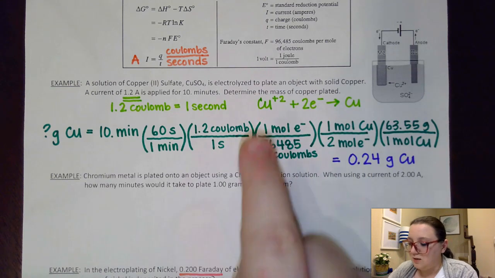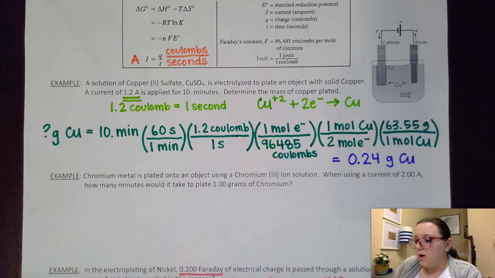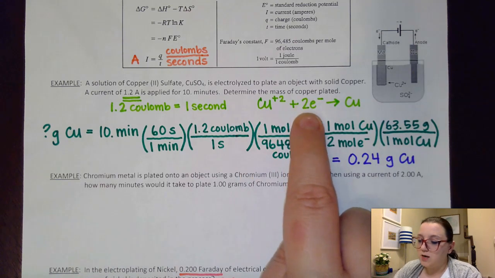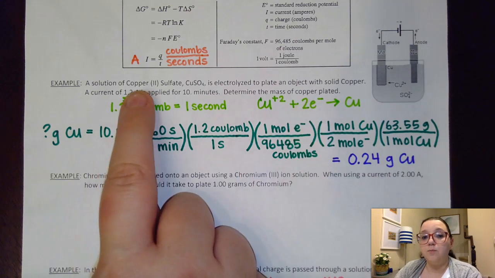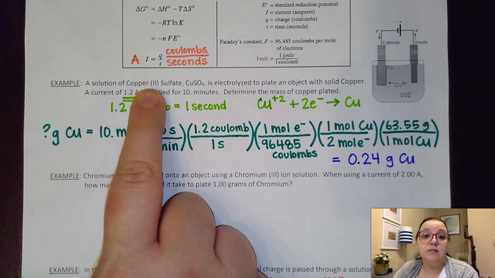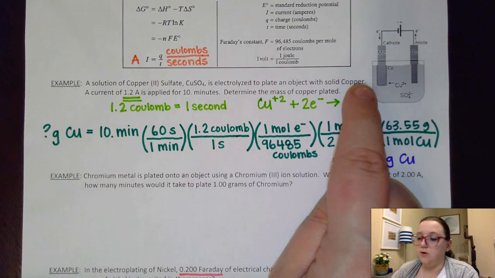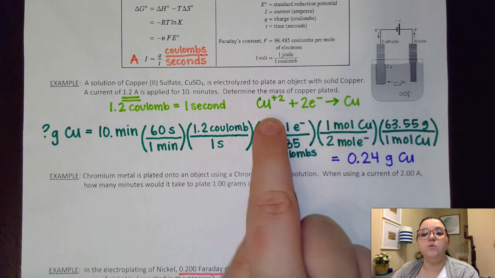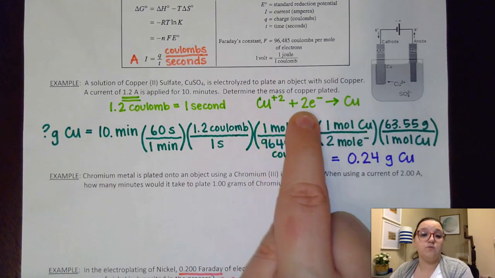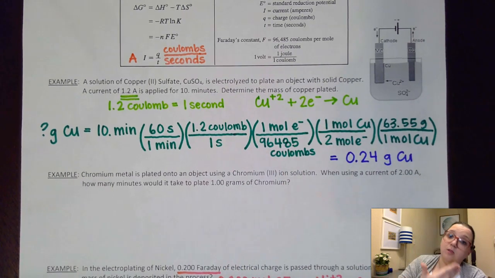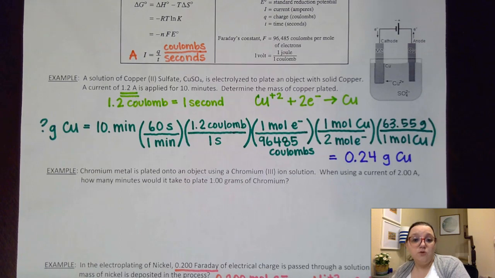So it's technically going in both directions, but what I really care about is this number of electrons. If I'm trying to go back and forth between copper positive 2 and solid copper, which is neutral copper, I'm going to have to be transferring 2 electrons. So at some point, 2 electrons are going to be lost by the one process, and then 2 electrons are going to be gained by the other process.